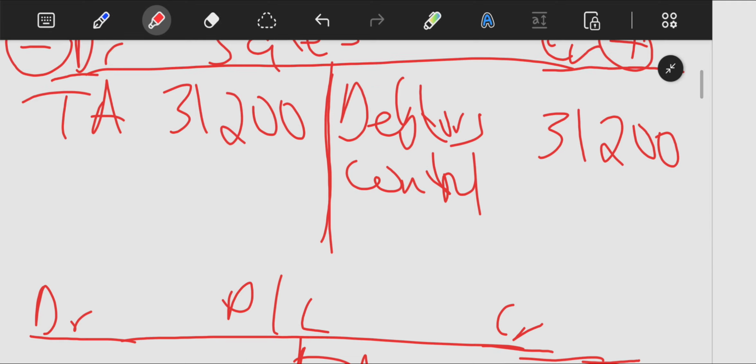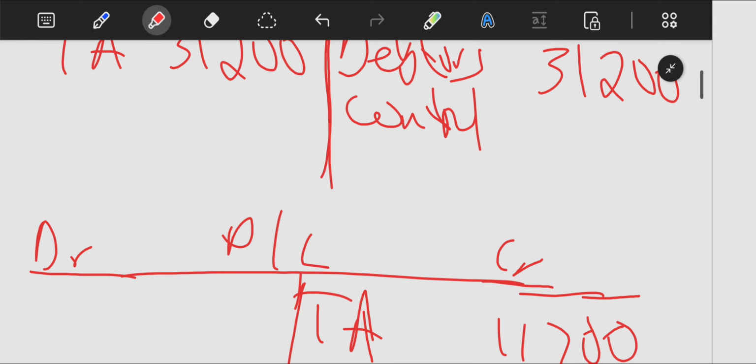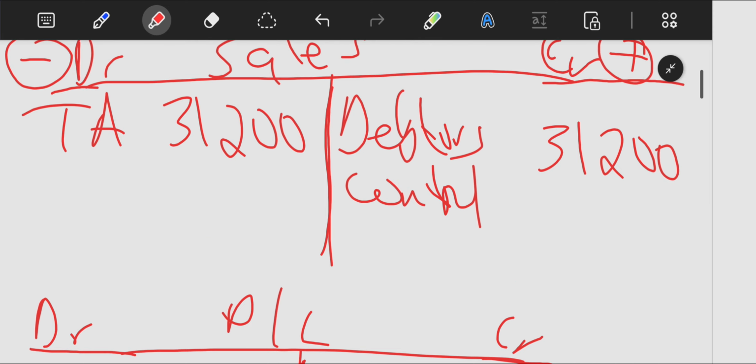So here it increased when we raised the debtor. Now the debtor has returned that merchandise. It means that our sales now is going to decrease. Let's just say debtors control here for argument's sake, for you to understand the concept for now.